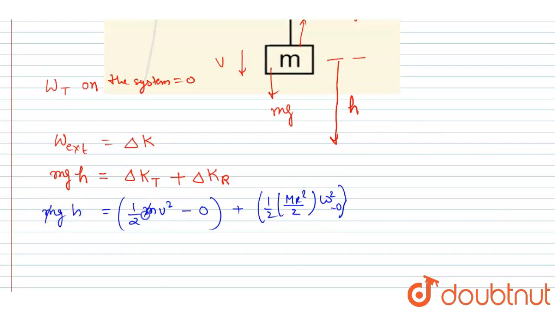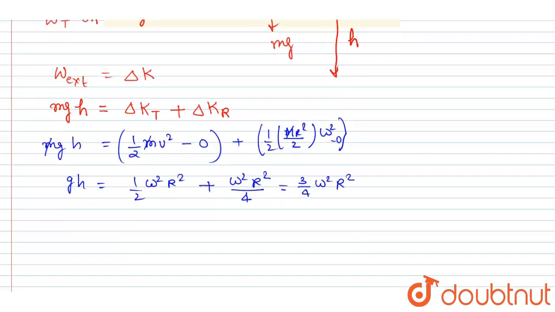So we can cancel out this m value. So we'll write here gh is equal to half omega square r square plus omega square r square by 4. So you will write here 3 by 4 omega square r square. So now you can calculate this omega from this equation.